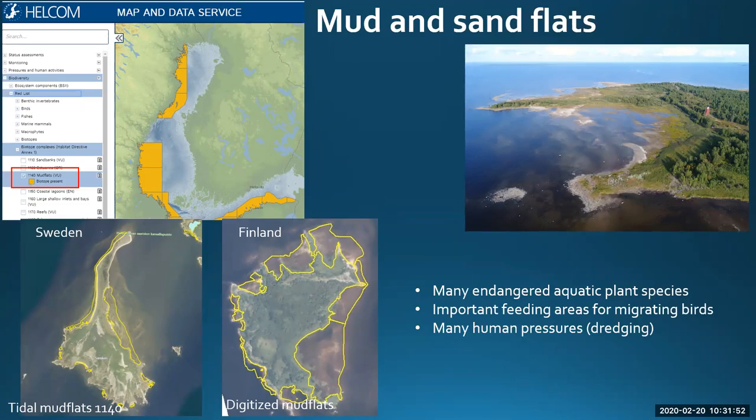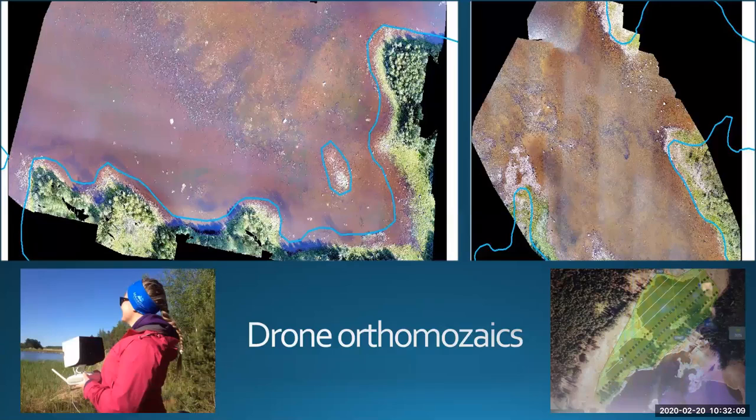Also, they are important feeding areas for migrating birds, and there are many human pressures on these areas. So we did an aerial analysis of the mudflats on the Finnish side as well. And one really good technique for really shallow areas like the mudflats would be drone orthomosaics.